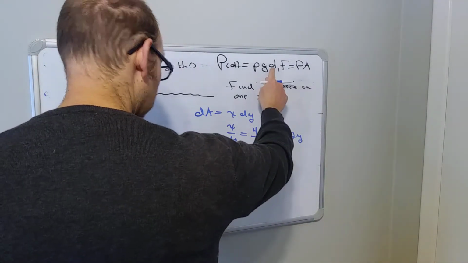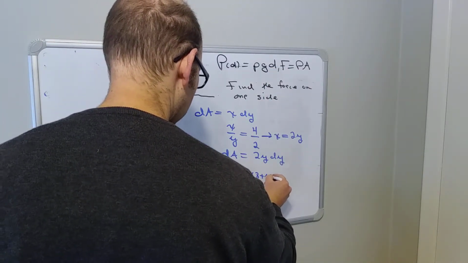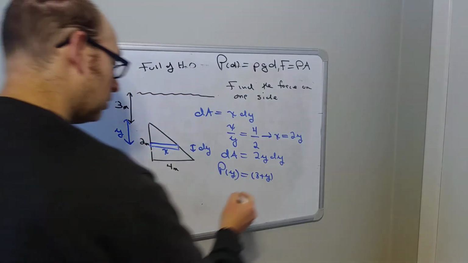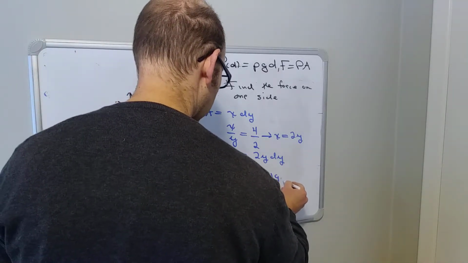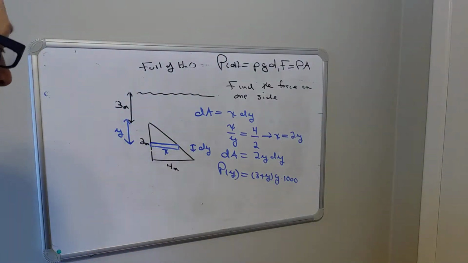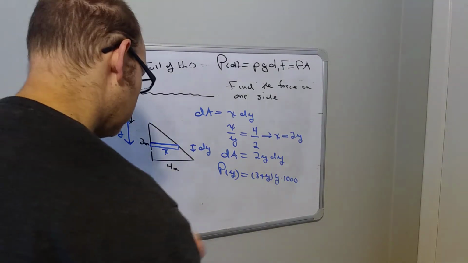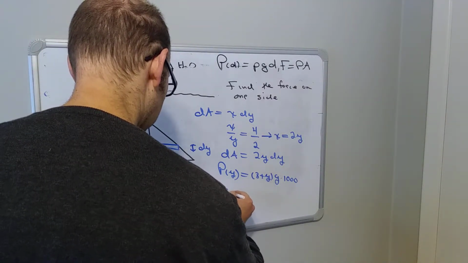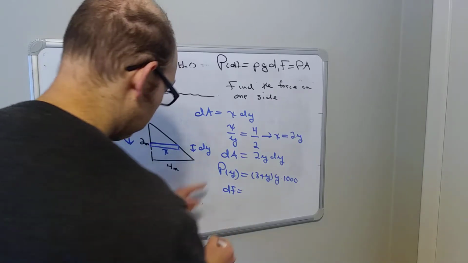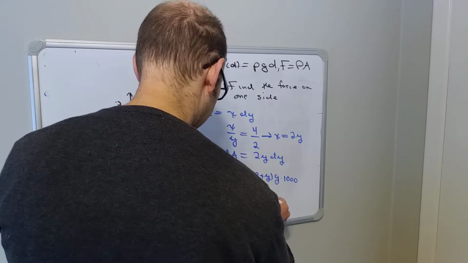So it's equal to 3 plus y for d, that's the depth, multiplied by g, multiplied by 1,000 for the density. Okay, so now we have the pressure and the area, and we can integrate them to get the force. So dF would be the product of these two, so it would be P of y dA.